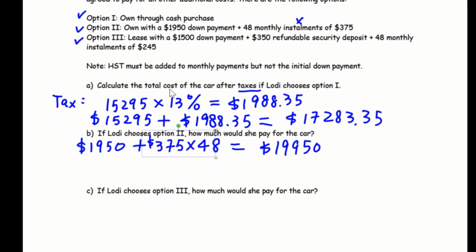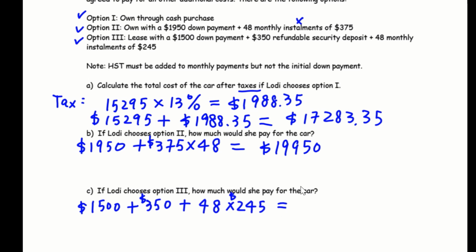And the next one, the third one, is $1,500 plus 350. Then this is a deferral, then plus 48 times 245. Then we are going to do the calculation for this one: plus 350 plus 48 months times 245.